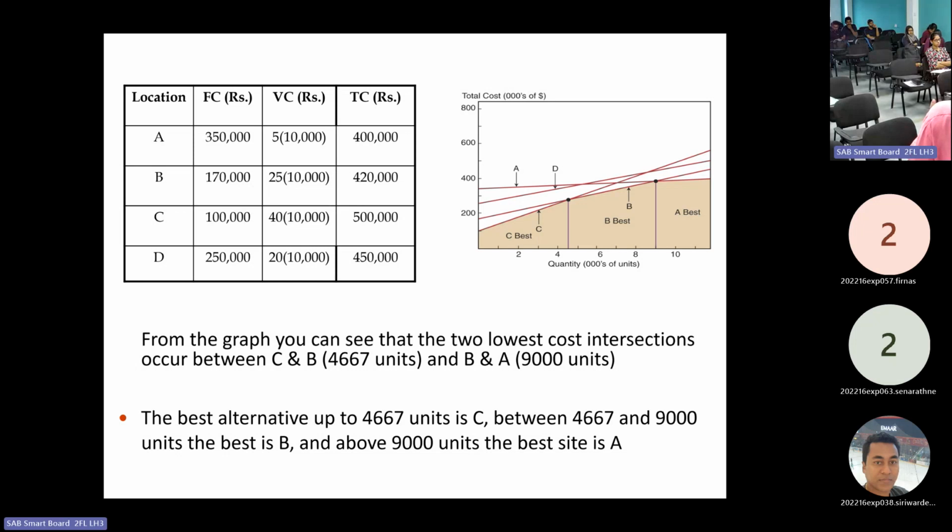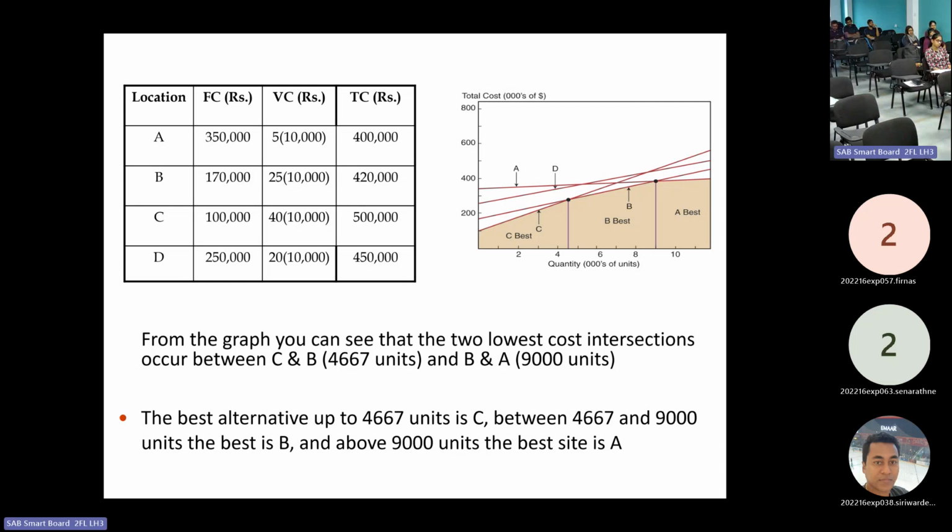We are looking at the quantities, right? Either we can just assume another quantity and then calculate total cost. Otherwise, we can assume at quantity 0, what is the total cost? That's the fixed cost, and draw that line for each location. And accordingly, these are the cost curves.